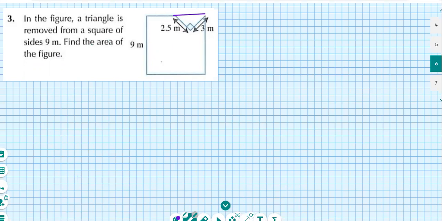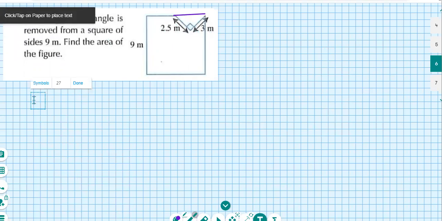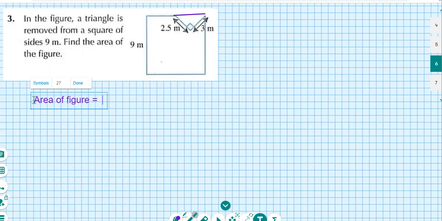So it is very easy. You just have to subtract this triangle area from the area of square. So right here, area of figure is actually equal to area of square minus area of this triangle that has been removed.